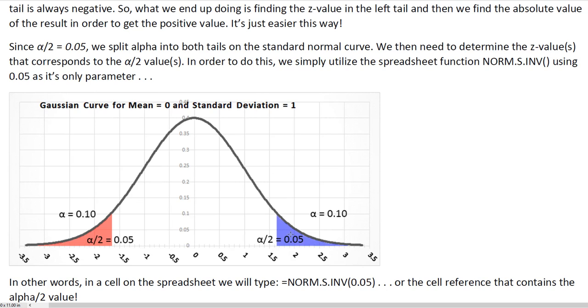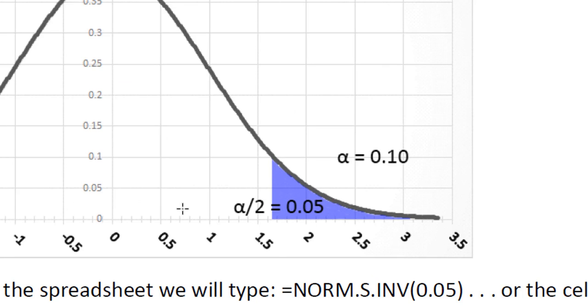We have 0.05 on the right side and 0.05 on the left side. What we're looking for is this z value right down here. In other words, it's going to be between 1.5 and 2. So I'm not sure what it is yet.